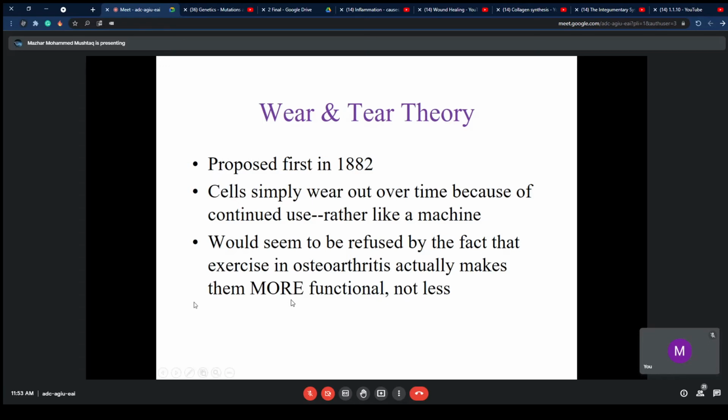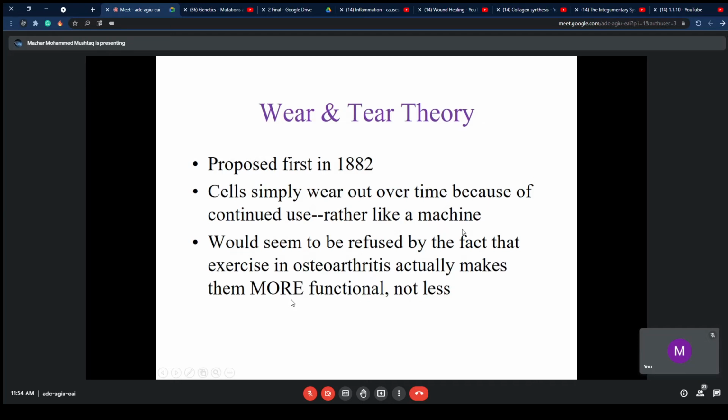Here in the third part, it seems to be refuted by the fact that exercise in osteoarthritis actually makes them more functional, not less. There is an opposite effect also. For example, when we are doing some sort of exercise, we are using our body part or our muscle to a greater extent. When we use the bone cell or the muscle cell, it actually makes them more functional, not less.